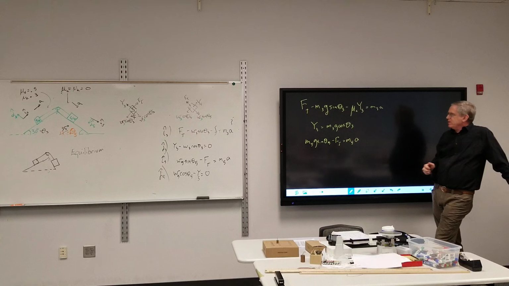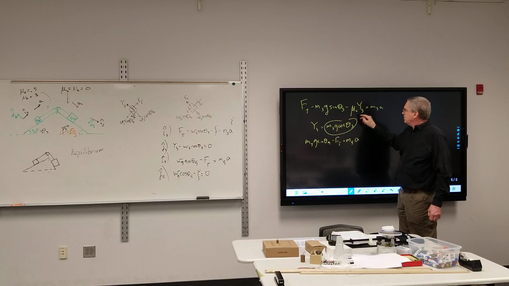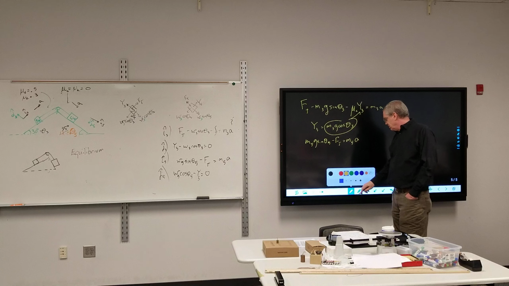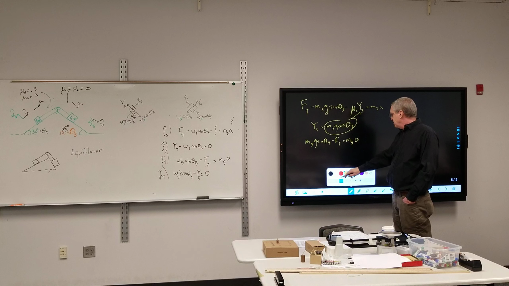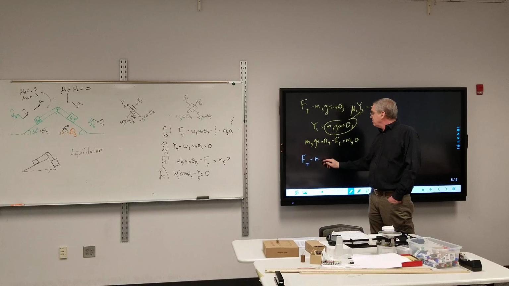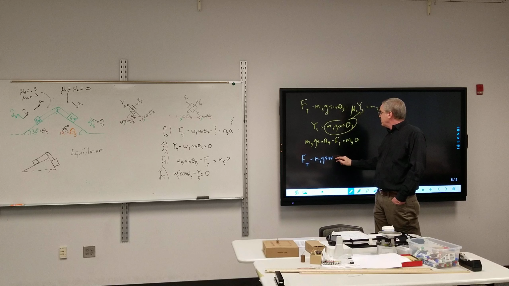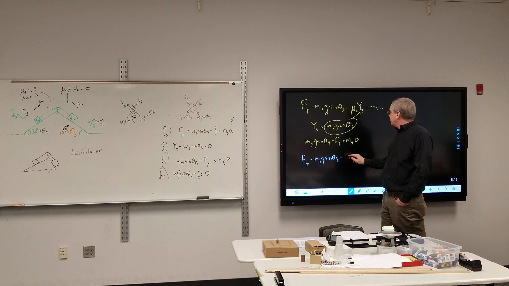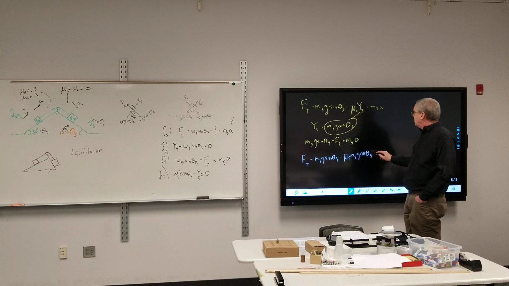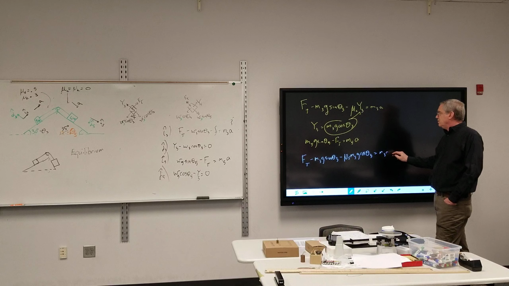Now we're at the solving phase. I can pop that into here, and if I do that, I get Ft minus m3 g sine theta 3 minus mu s m3 g cosine theta 3 equals m3 a.